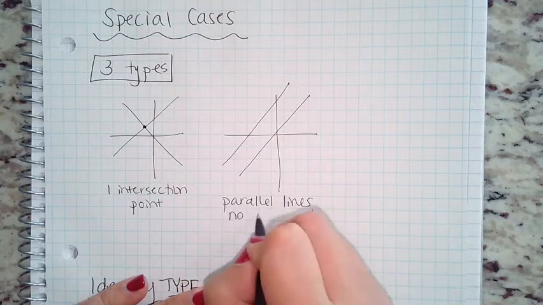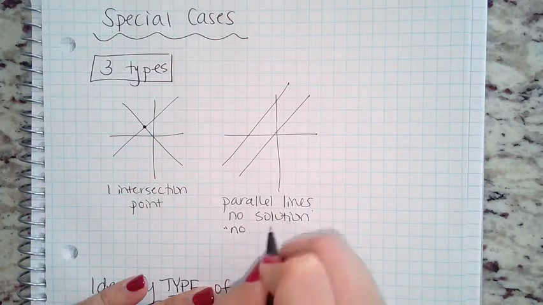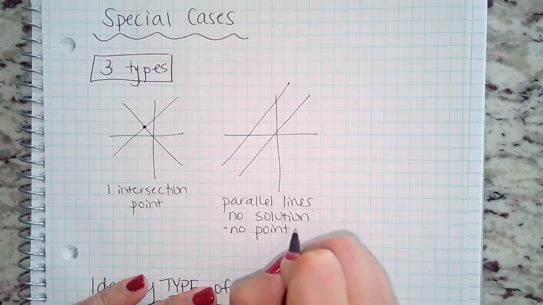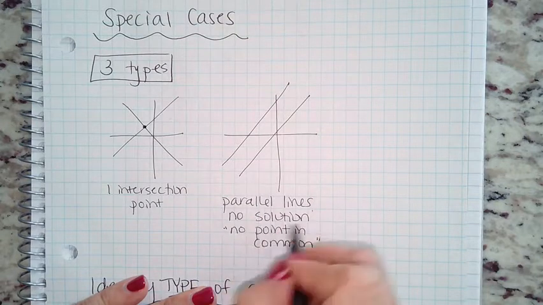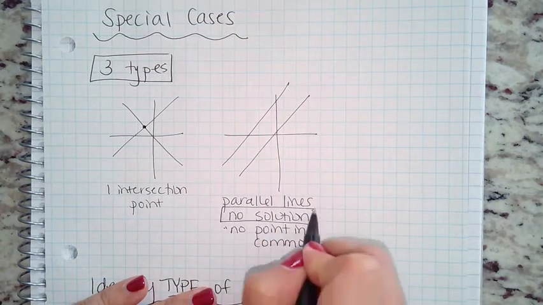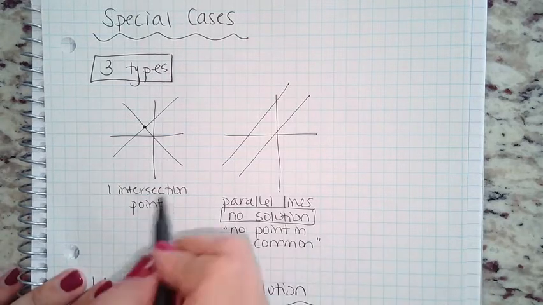And there's no solution. In other words, there's no point in common. The reason for that is because parallel lines never meet. Okay, they're never going to touch.